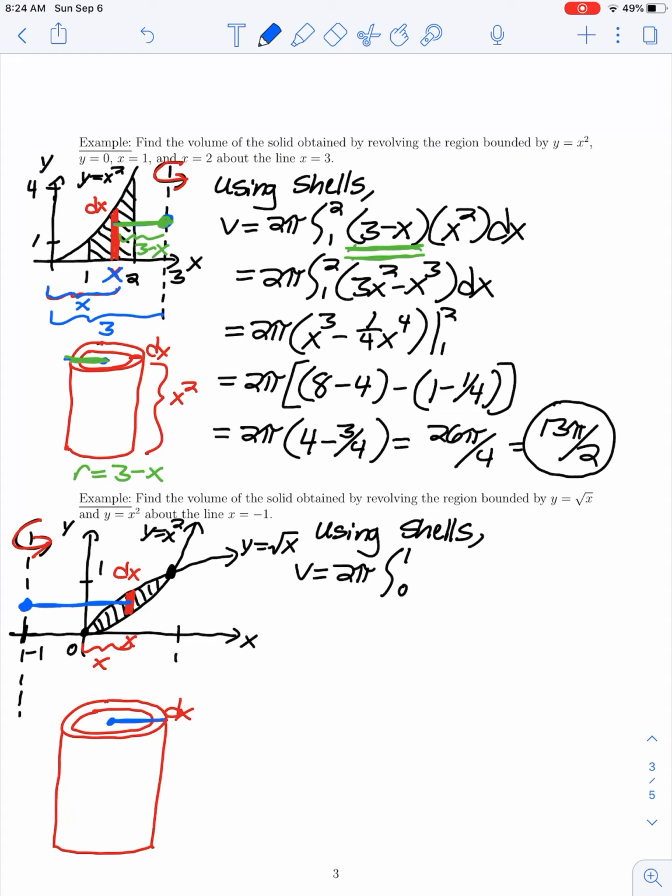The distance from our axis of revolution, x equals -1, to the y-axis would be 1 unit. And then the distance from the y-axis out to our slice is what we were calling x. So the radius of our cylinder here is going to be 1 plus x.